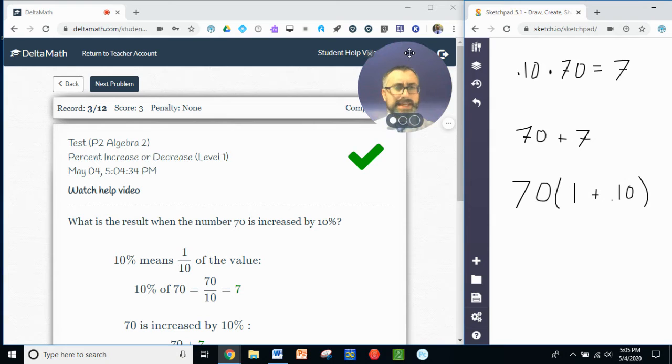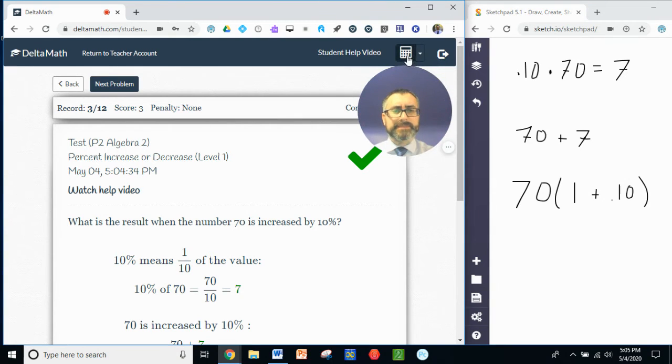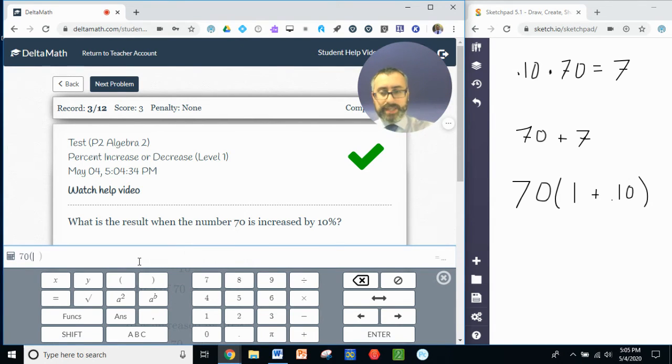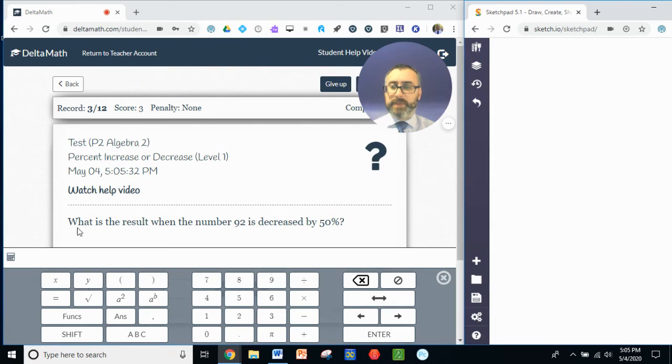Let me try typing that into the calculator. 70 parentheses 1 plus 0.10. Hey, I got that 77 again. This might be useful. Let's take a look at another problem.